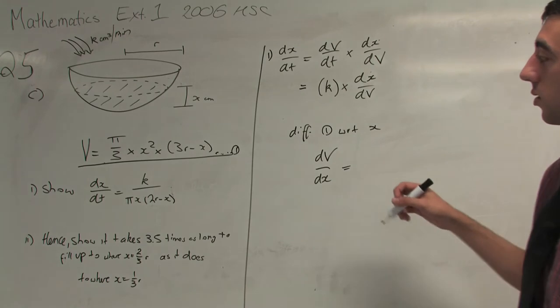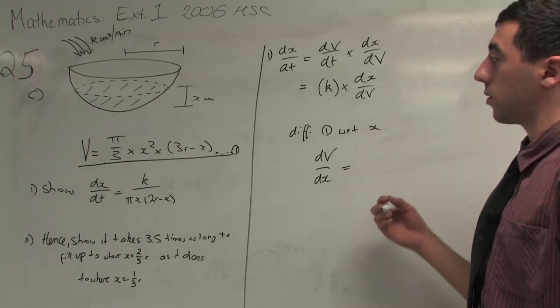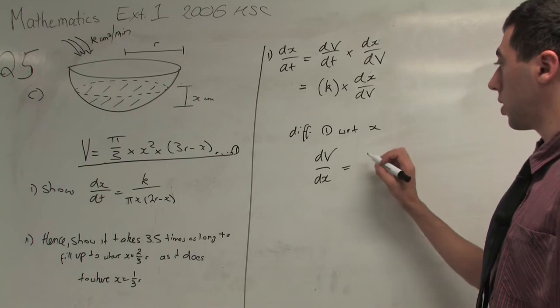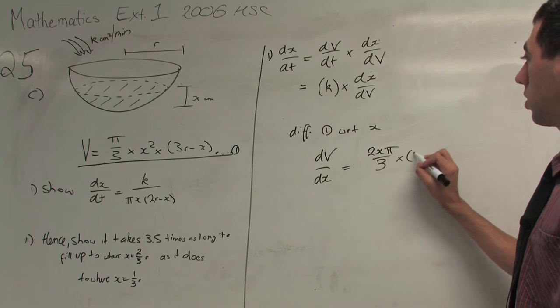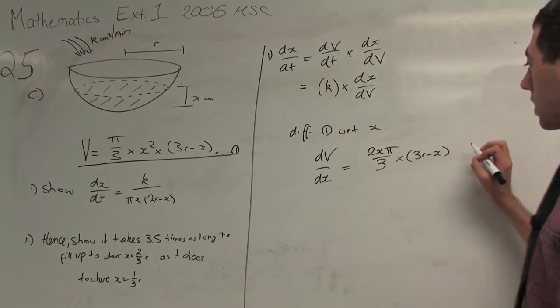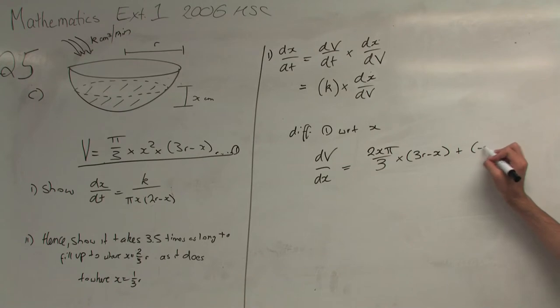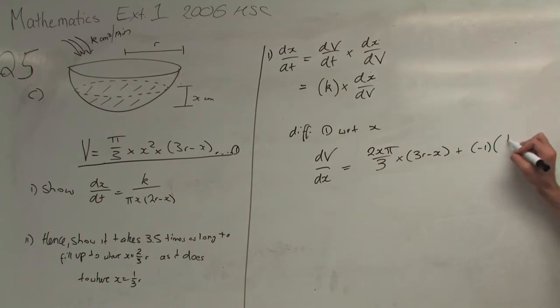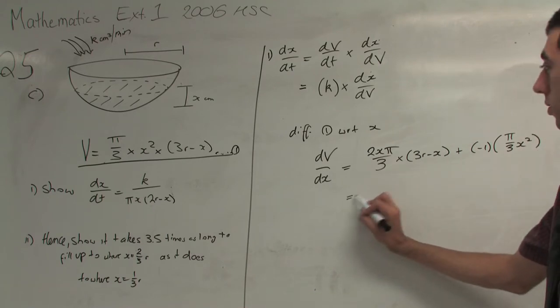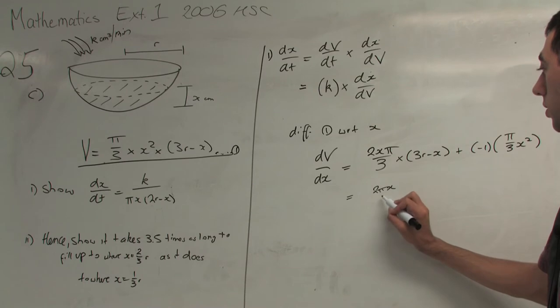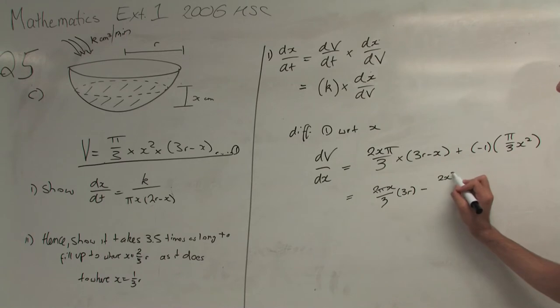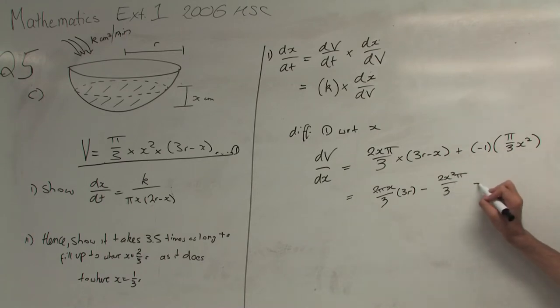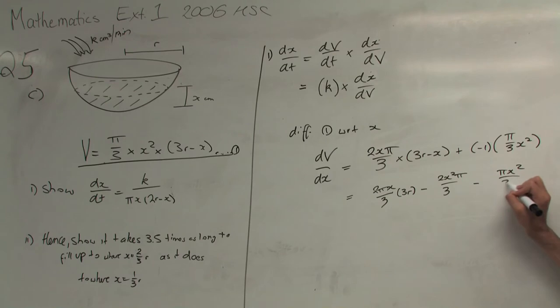So now we're going to have to use the product rule in this case for convenience. So we'll say the derivative of the first, that'll be 2x pi over 3, times the second, which is 3r minus x, plus the derivative of the second, which is minus 1, times the first, which is pi on 3 x squared. Now if we expand this, we'll get 2 pi x over 3 times 3r, minus 2x squared pi over 3, minus pi x squared over 3.